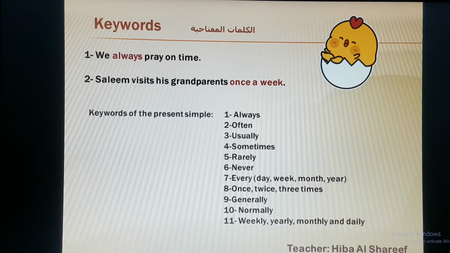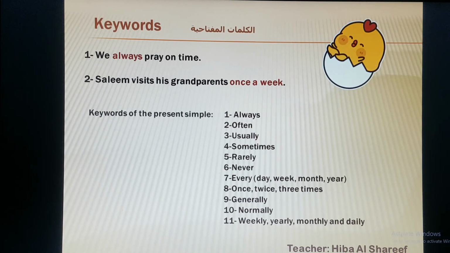Now we have the keywords of the present simple tense. الكلمات المفتاحية أو الدلالية اللي بتدلنا help us to identify the tense of the sentence. Here we have sentences. 1. We always pray on time.